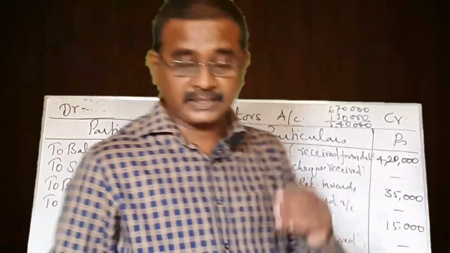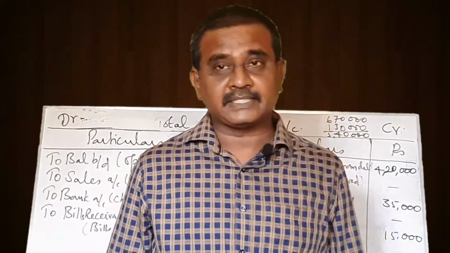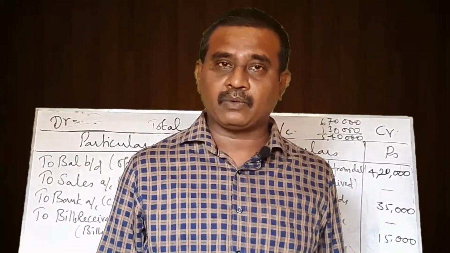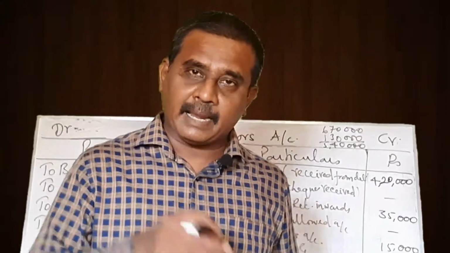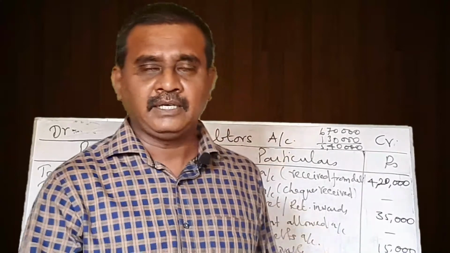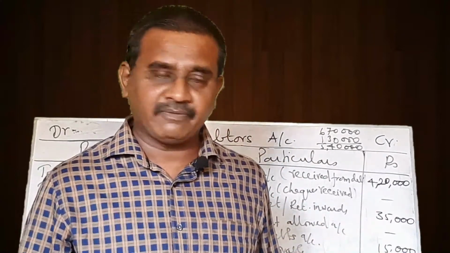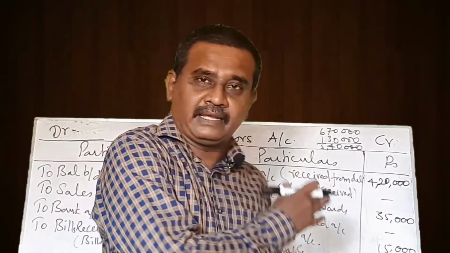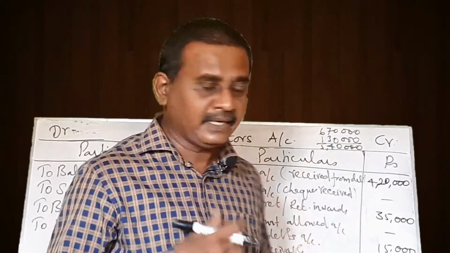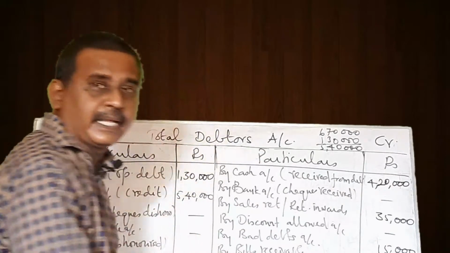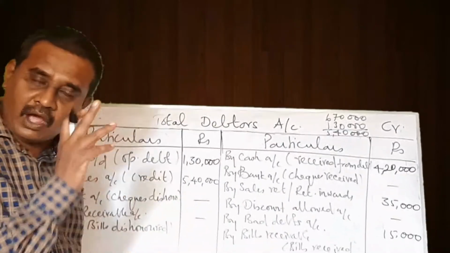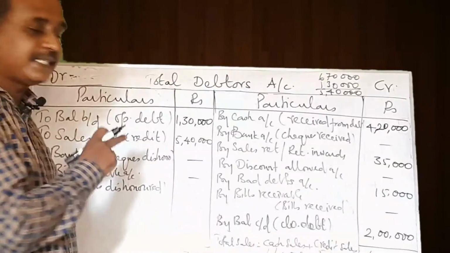So, my dear students, if credit sales is asked, you have to prepare one account called the total debtors account. As we did in the capital account, immediately write the format of that. Whatever is given, take the figures and write them in their places. And then if credit sales is asked, first find the total of the credit side, because the credit side total will always be exceeding if credit sales is asked.